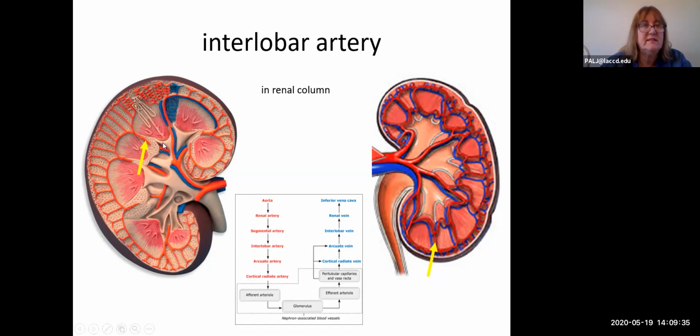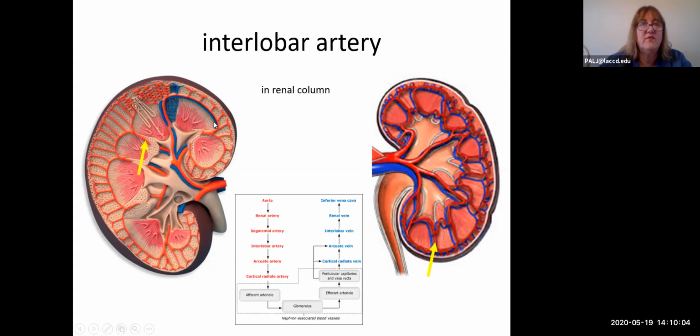Now look and see what that interlobar artery does. As it gets to the junction of the medulla with the cortex, it will branch and will go across the external surface, or the superficial surface, of a renal pyramid. And so you end up with this artery going right across the junction between the outer cortex and the inner medulla.